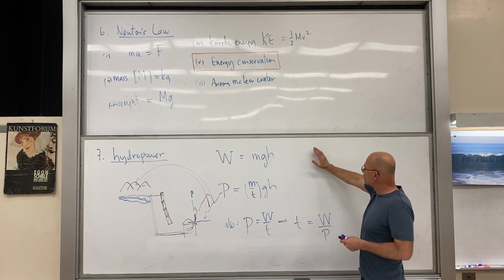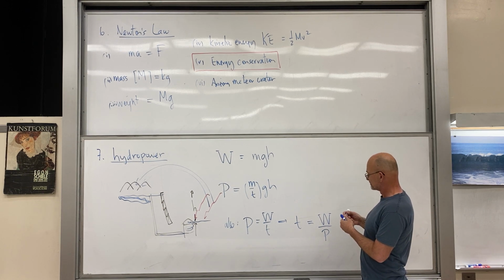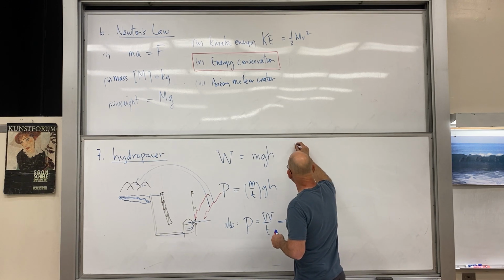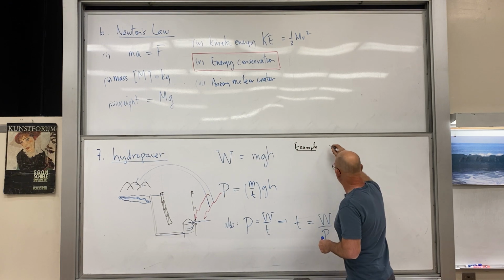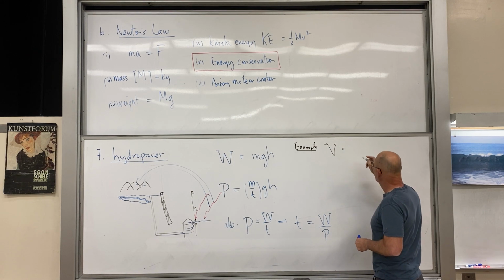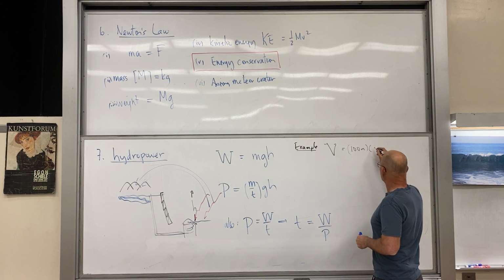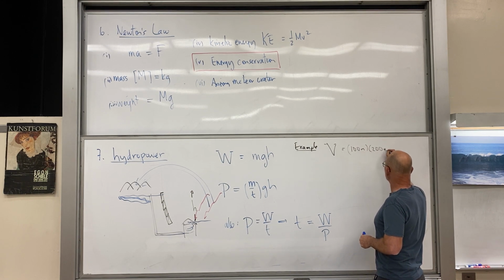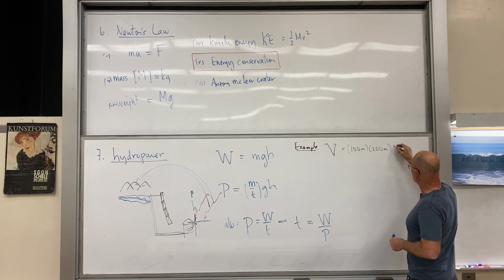Good, let's go ahead and actually work one of these problems numerically. So my example, I've got the volume is going to be, say, 100 meters times 200 meters times, and make up a number, 300 meters.